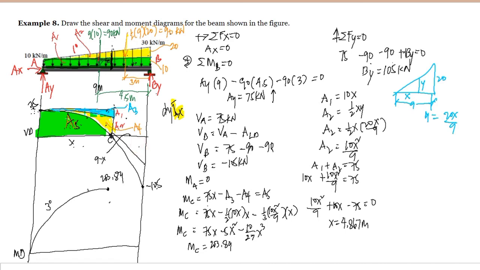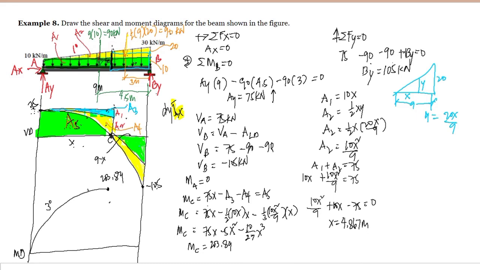This area here, sa triangle, ito ay nabuo galing dito sa area na to ng rectangle. And itong spandrel naman ay nabuo siya galing dito. Yan, no? Kasi itong rectangle.